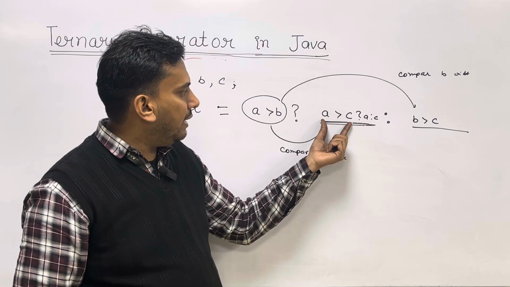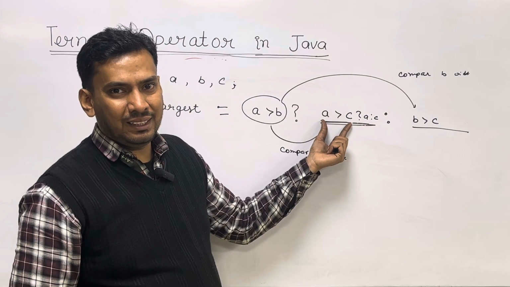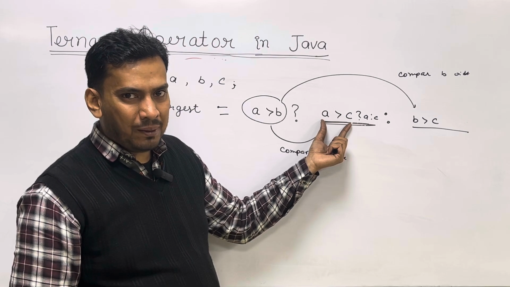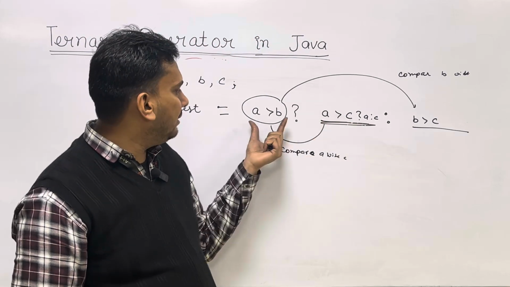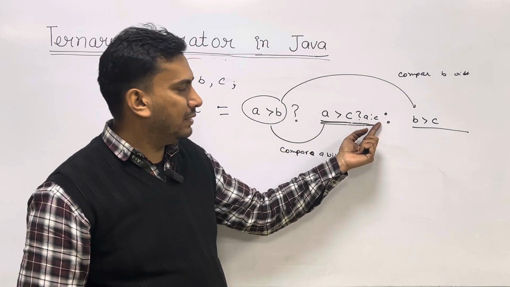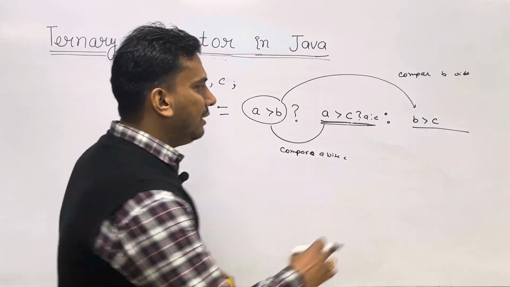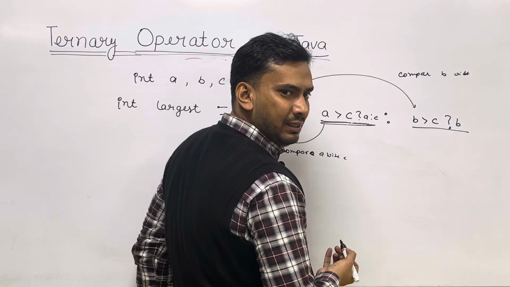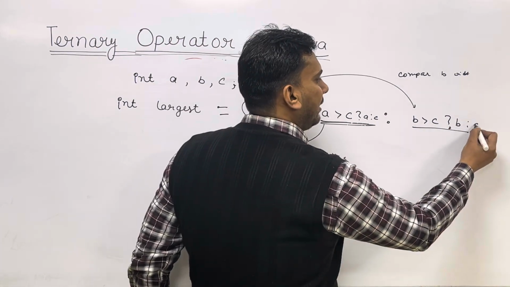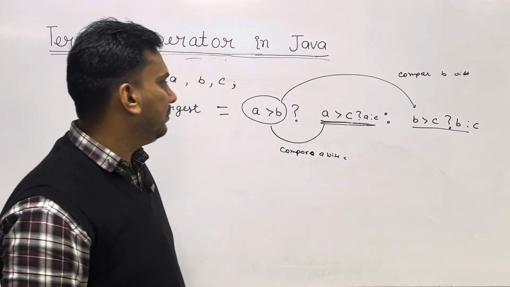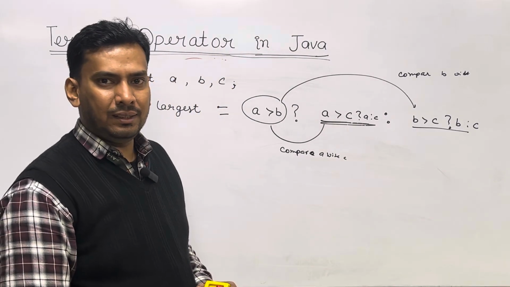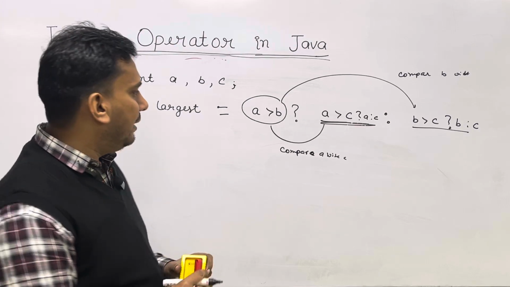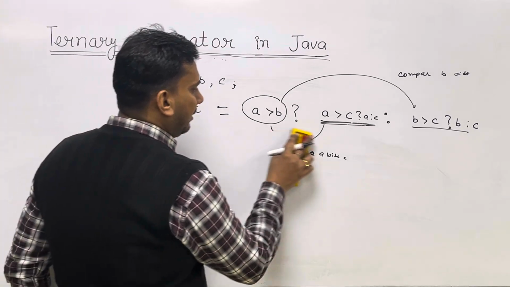But suppose a is not greater than c, it means c is greater than a, and c is already greater than b, so I will return c. Same way here, if b is greater than c, then I will say b is the largest, otherwise I will say c is the largest. So this is how this code will be written in case of nested ternary operators.